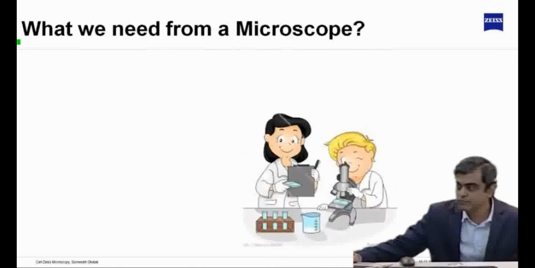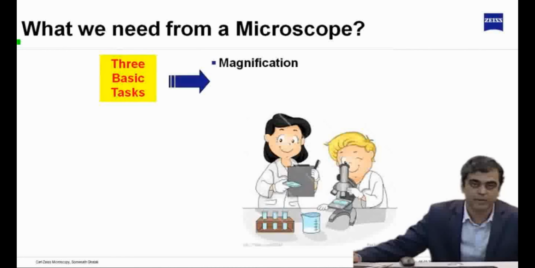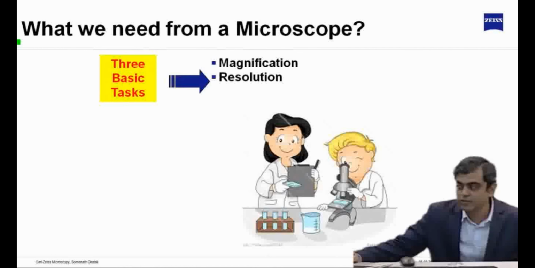Microscopy basically works on three most important things. Obviously the magnification: we want a magnified image which is otherwise too small for human eyes to notice or understand. But magnification alone won't help. There has to be proper resolution.